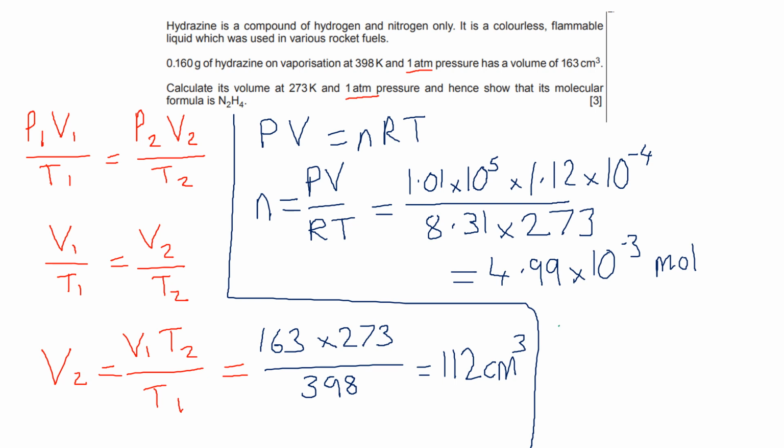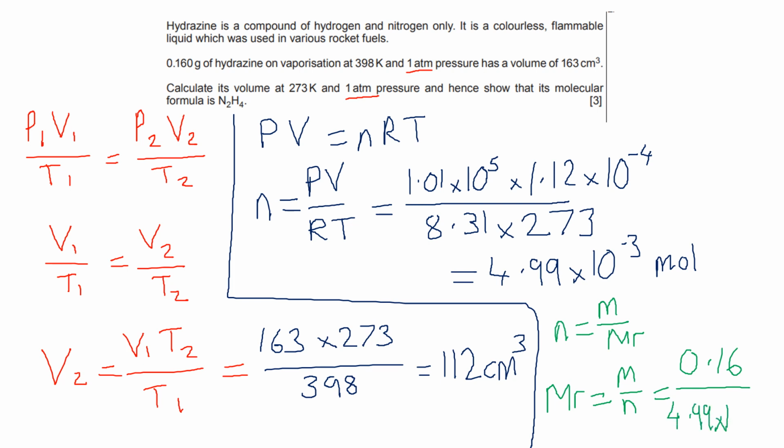And we know that n, which is the number of moles, equals mass divided by molecular mass, Mr. So molecular mass, Mr, equals mass divided by moles. So that's 0.16 divided by this 4.99 times 10 to the minus 3.